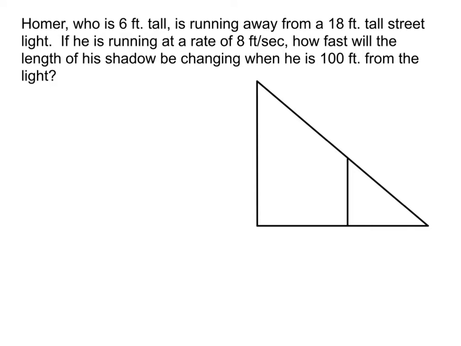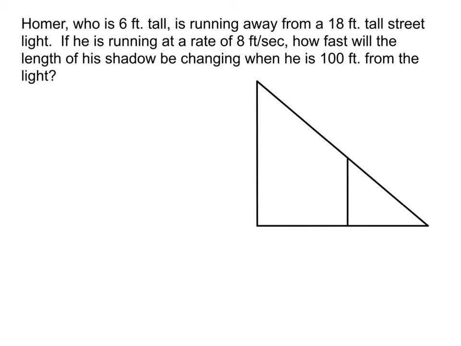Those two triangles, since they have the same angles, are similar. They're similar triangles. And since they are similar triangles, we also know that all their side lengths are proportional, which then is going to allow me to start getting into an equation using that idea.